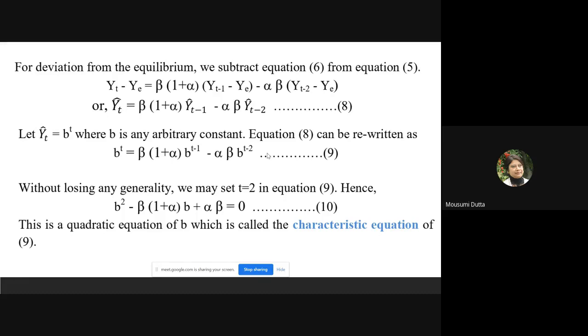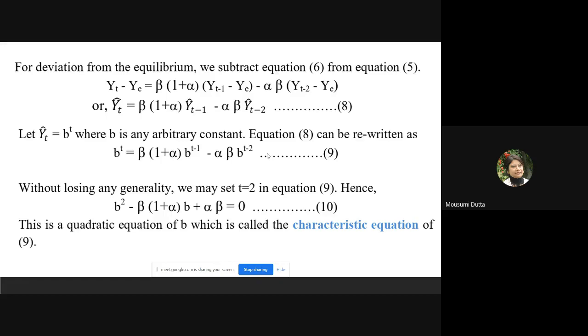For that matter, we are setting T equal to 2. If it is a third order difference equation, we have to consider T equal to 3. For a fourth order difference equation, for a similar construct, we will consider T equal to 4, so that the minimum possible value of time becomes 0. So without losing any generality, we may set T equal to 2 in equation number 9.